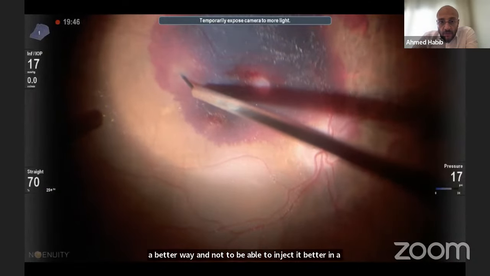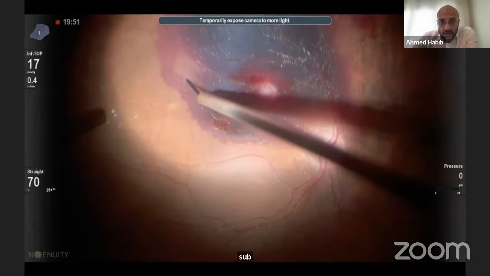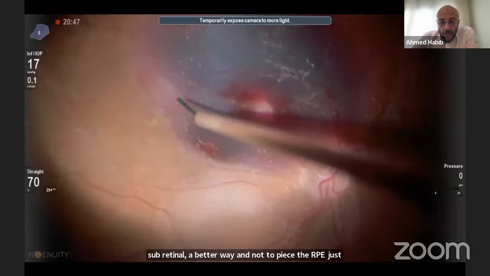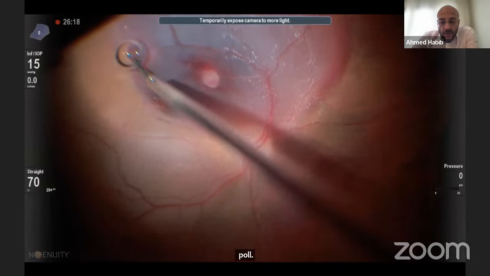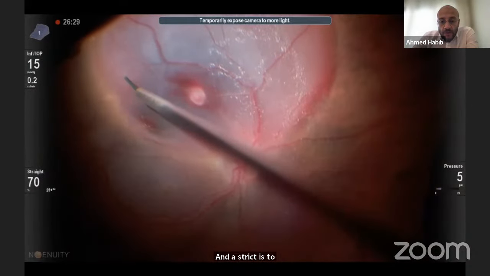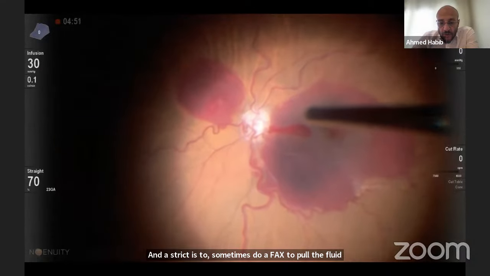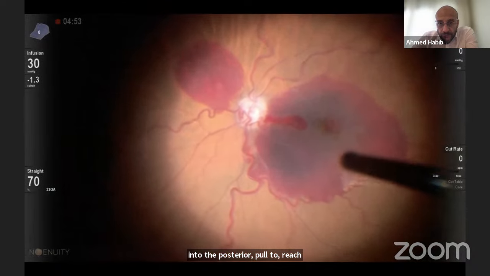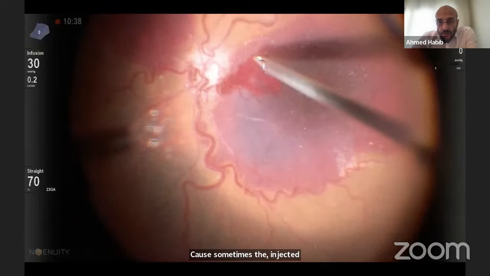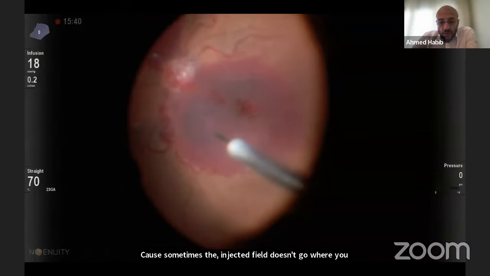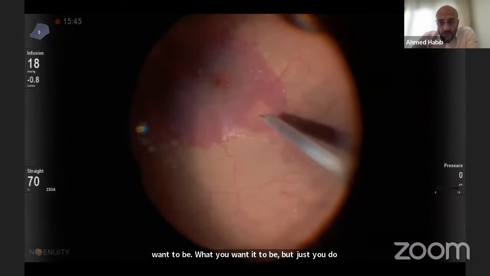And you can inject it into multiple points to get the fluid centered under the posterior pole. A nice trick is to sometimes do fluid-air exchange to pull the fluid into the posterior pole to reach the subfoveal area, because sometimes the injected fluid doesn't go where you want it to be, but if you do that, it will go to the most dependent part, which is the posterior pole.